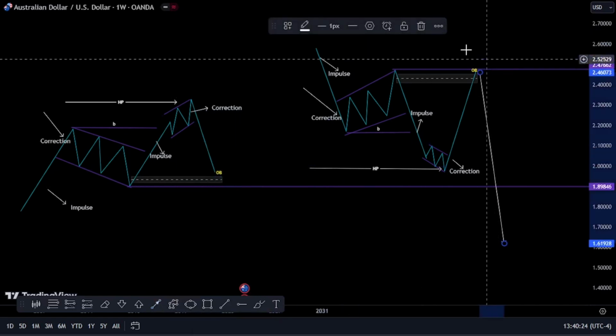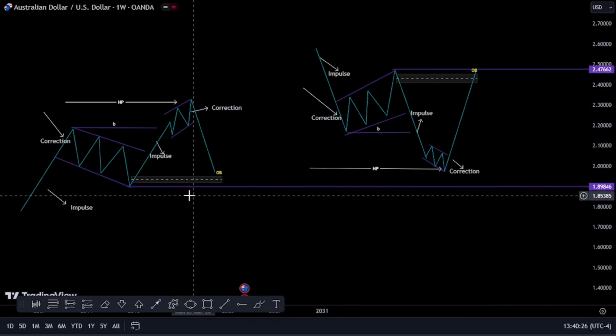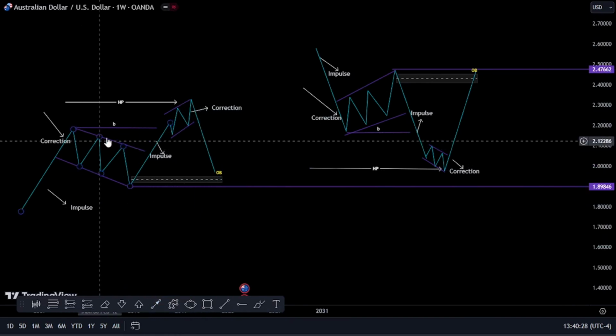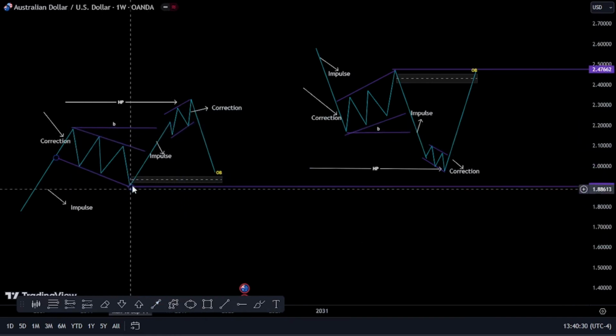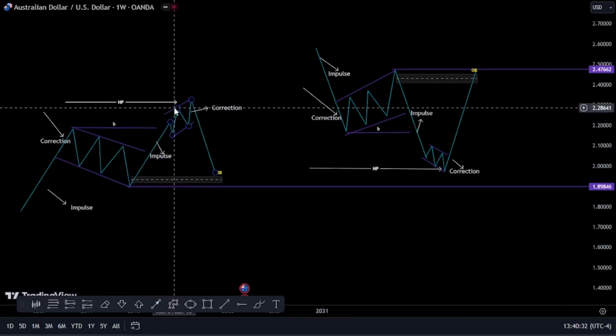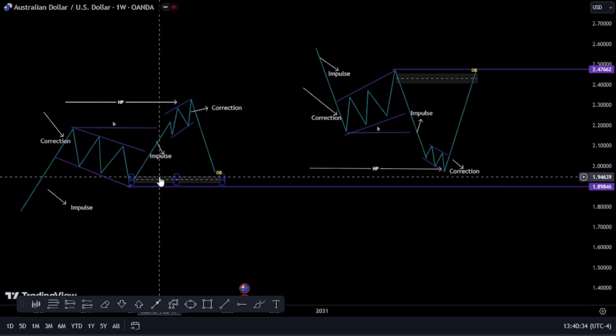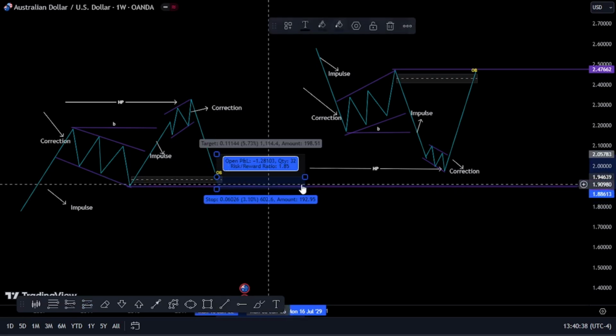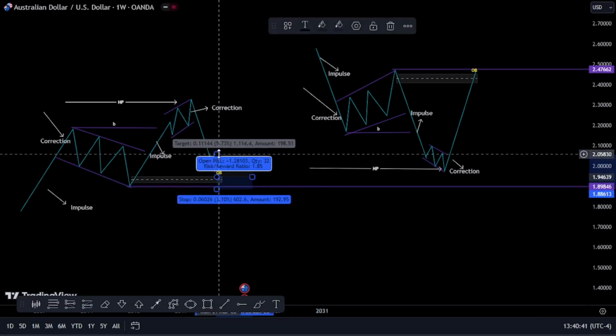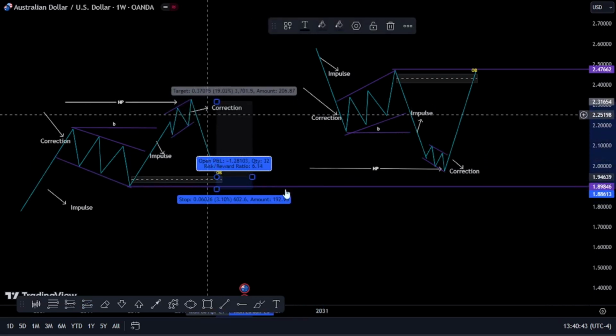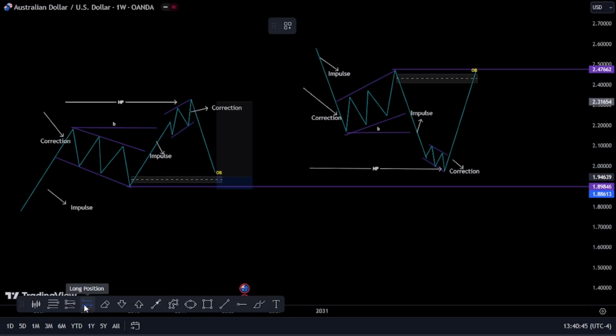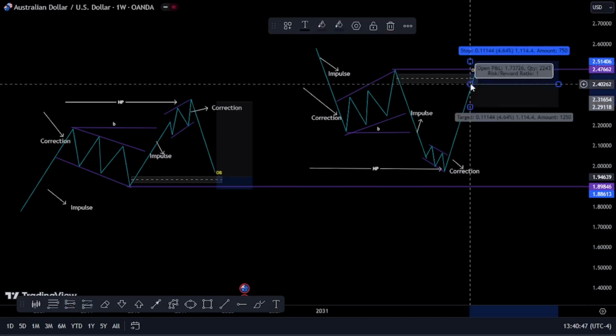Mostly what these people do with SMC, they tell you break of structure, impulse, and then wait for the market to come back to the order block, then you take your entry to the upside and close on this high.